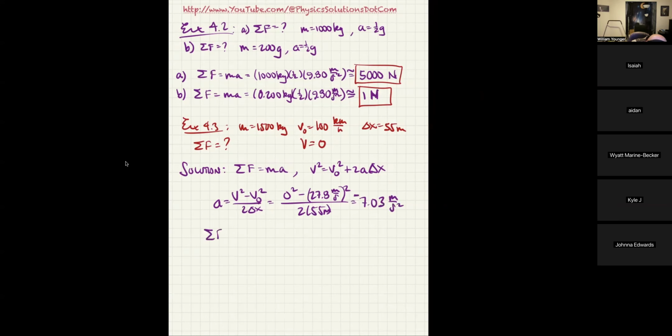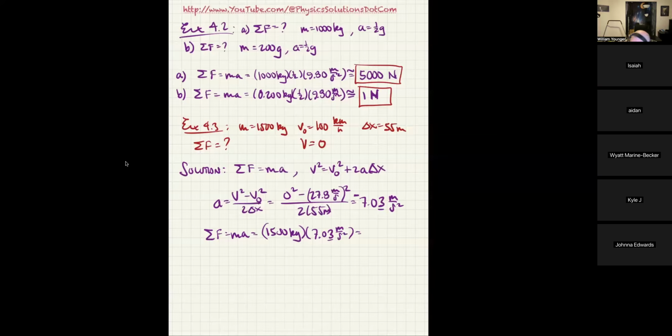Now the summation of forces is equal to mass times acceleration gives me 1,500 kilograms times 7.03. I'm really only concerned about the magnitude, and I only had 2 sig figs, so that 3 is not a sig fig.